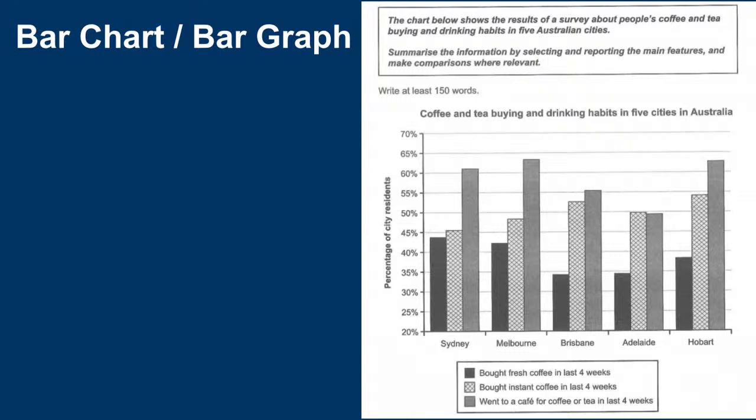First of all, you want to make sure you understand what it's talking about. It says summarize the information by selecting and reporting the main features and make comparisons where relevant. Write at least 150 words. Then we get into the bar graph here. I'm not going to go into detail on how to read each bar graph, but you have to practice reading graphs and talking about graphs in IELTS Task 1.